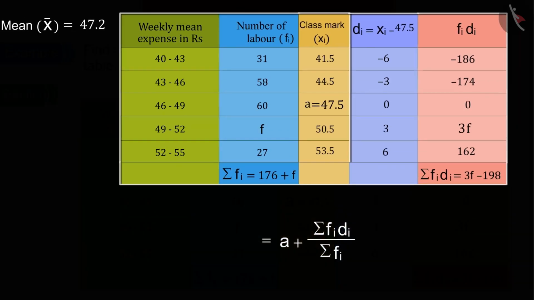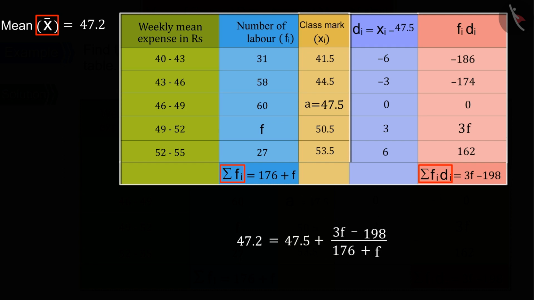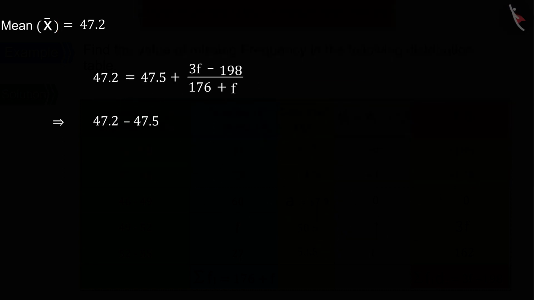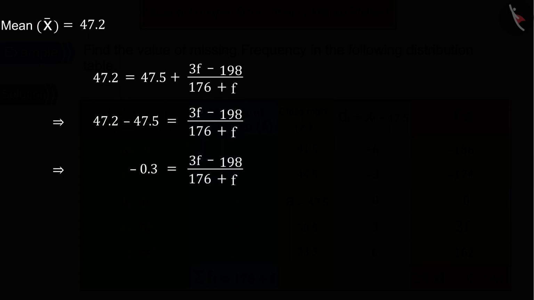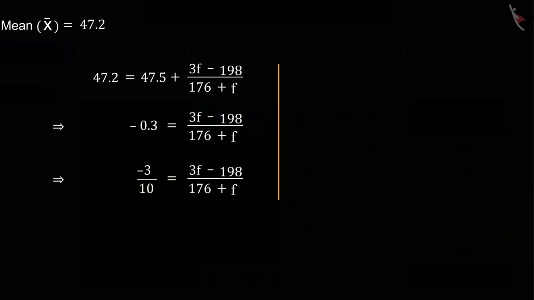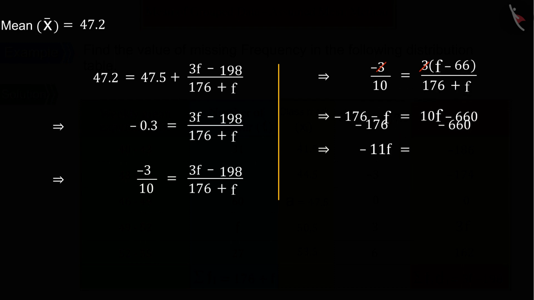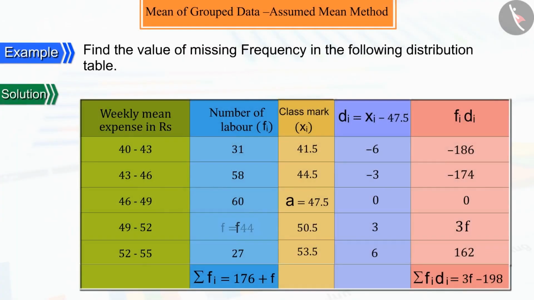Putting the value of mean expenditure x bar, assumed mean A, summation fi di and summation fi in the above formula, we get f equals 44. Therefore, the value of the missing frequency is 44.